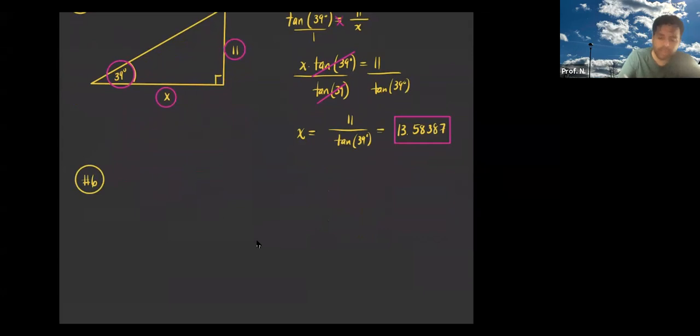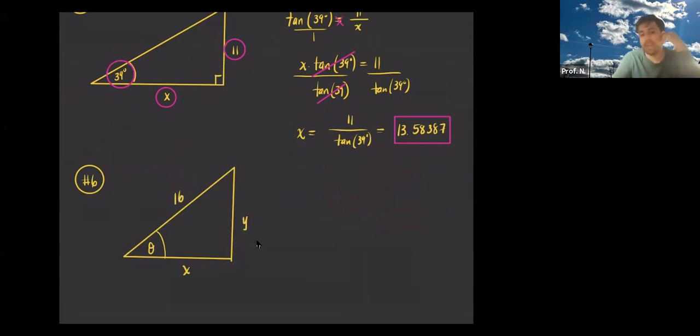So number 6, it looks different than what you've normally been accustomed to. This is theta. They call this y, they call this x, and they call this 16. And then they say express x and y in terms of trigonometric ratios of theta.